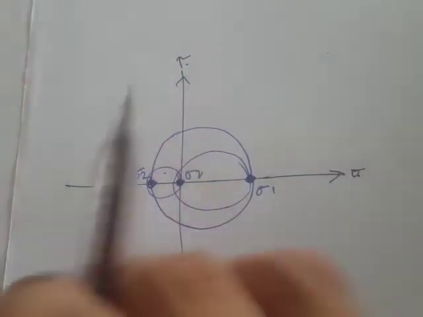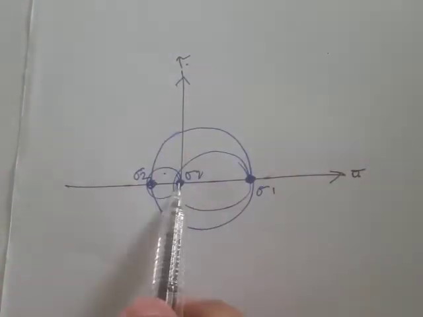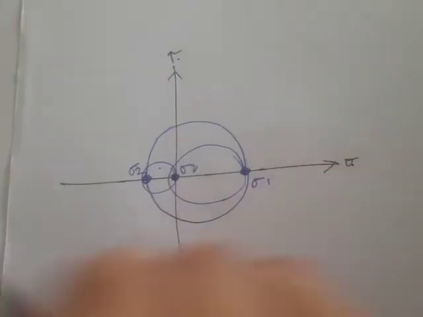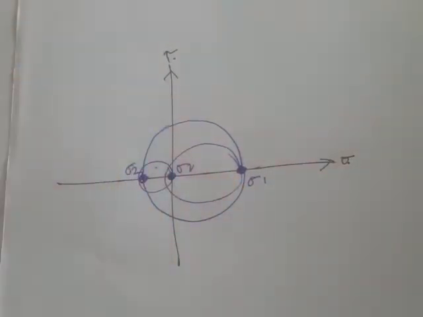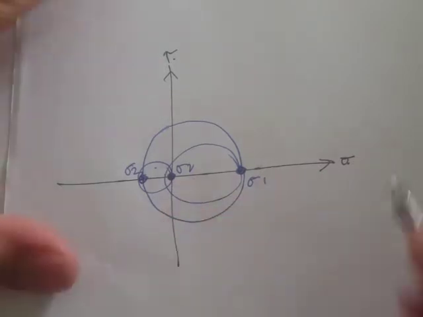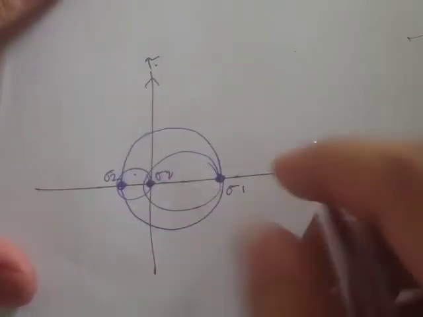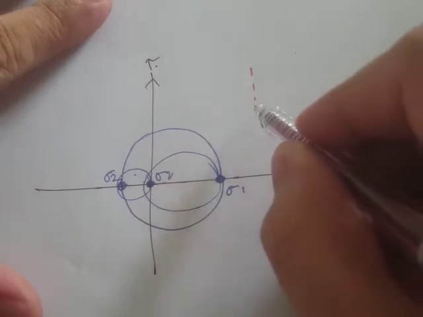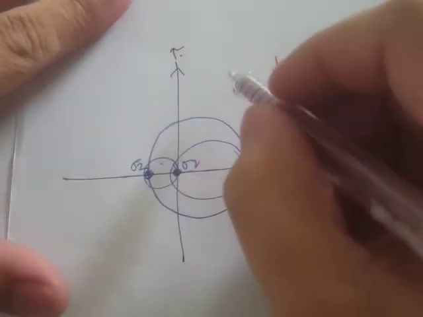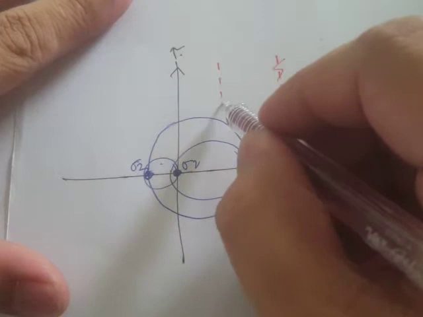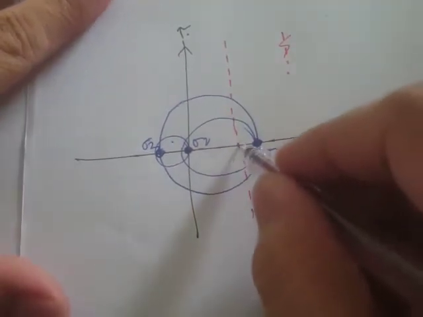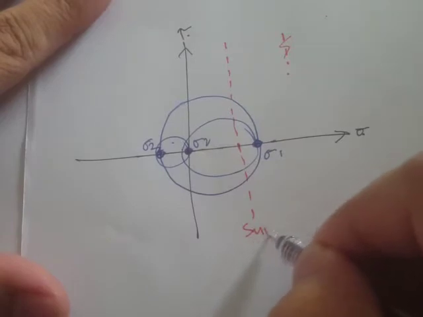And since these are stresses, right here this is tension, and going to the left is compression, then somewhere along the line there's going to be a value of SUT.